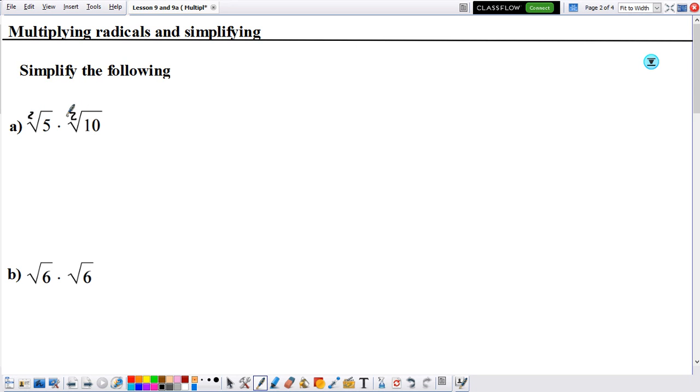If they have the same root, then you can multiply. Now that we know they have the same root, because both of them have an imaginary 2 there, we're going to concentrate on the insides. That is, square root of 5 times the square root of 10 is the same as the square root of 5 times 10. Whatever we have inside the square root, that's what we're going to be multiplying. And now this becomes just the square root of 50.